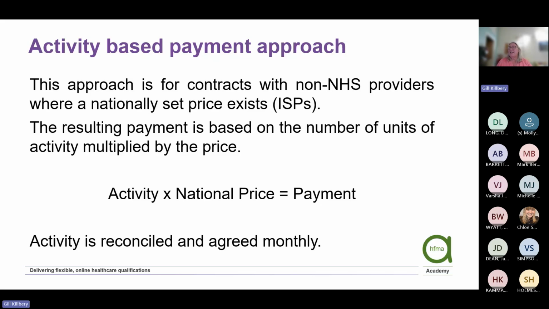The value of the activity between a particular provider and an ICB for a year is less than 1.5 million. Is that okay? Hopefully. Mark's just writing back. He said yes, thank you. Brilliant, lovely. Okay.